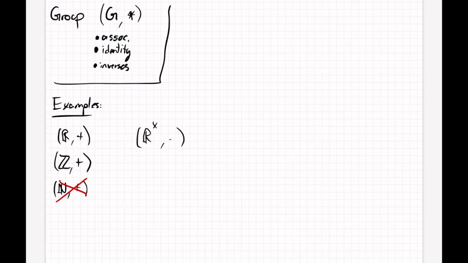Let's see. What is an example of a group that uses something like multiplication? Okay, well, I can talk about the rational numbers, also with the multiplication. I'm putting the Q cross here.